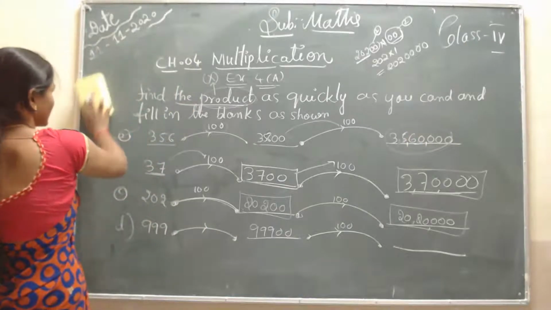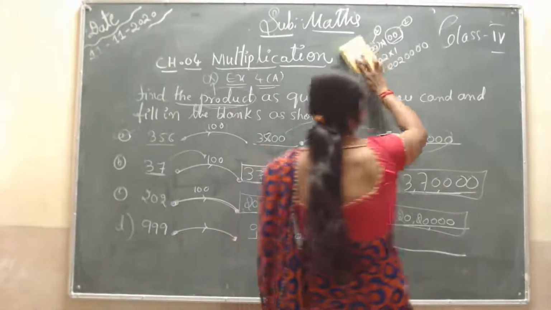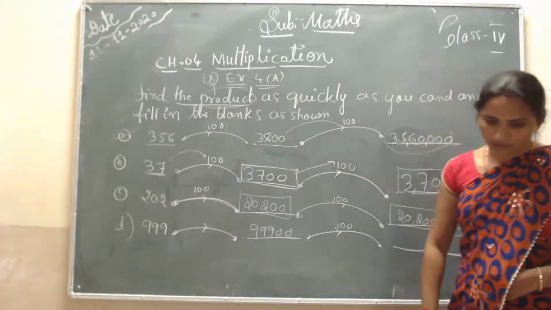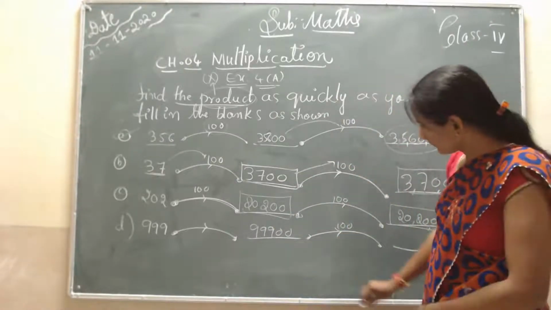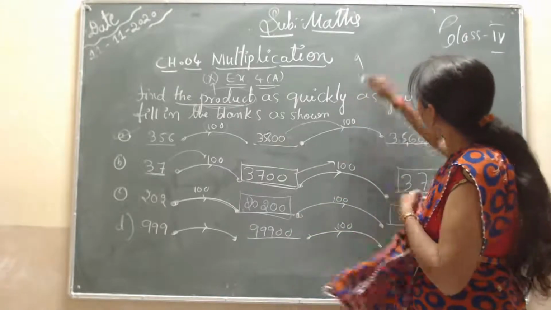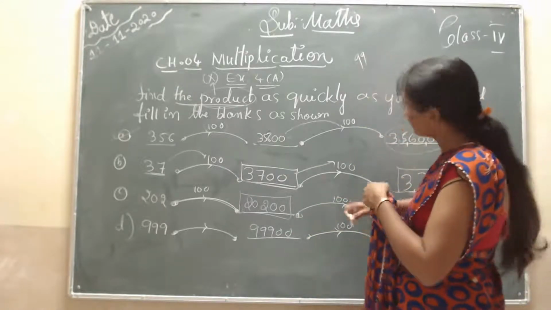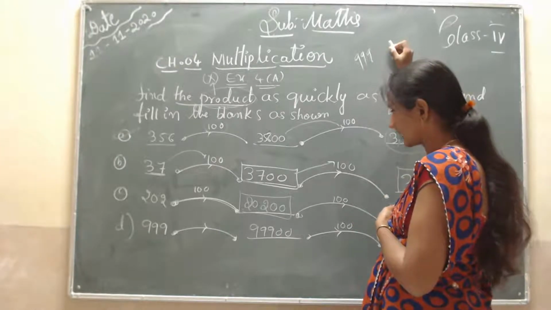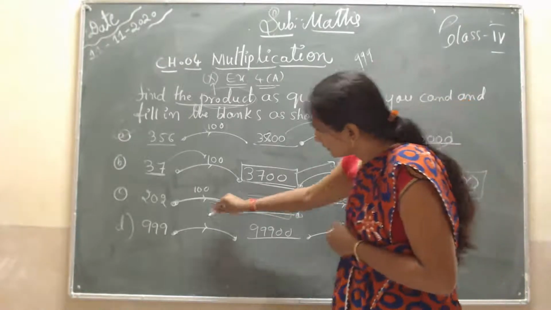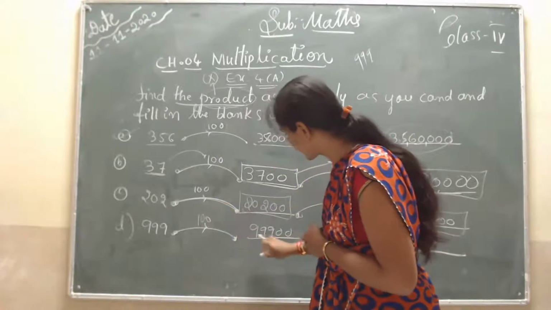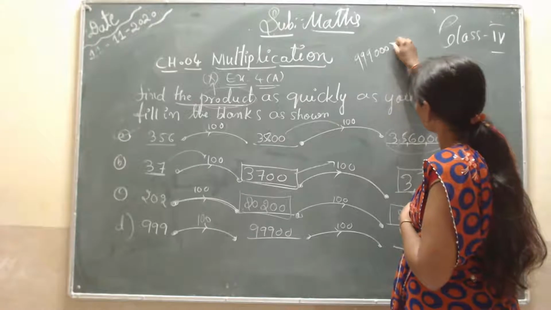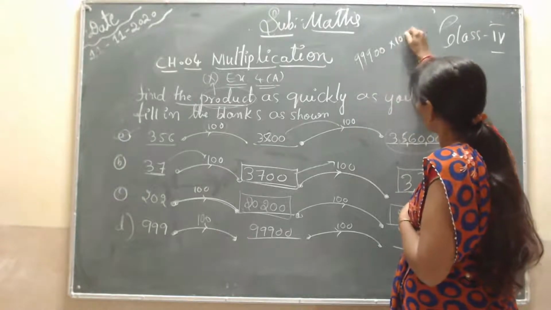So what is next? Students, next is what? 999 into 100 means 99,900. So now again you have to multiply by 100.